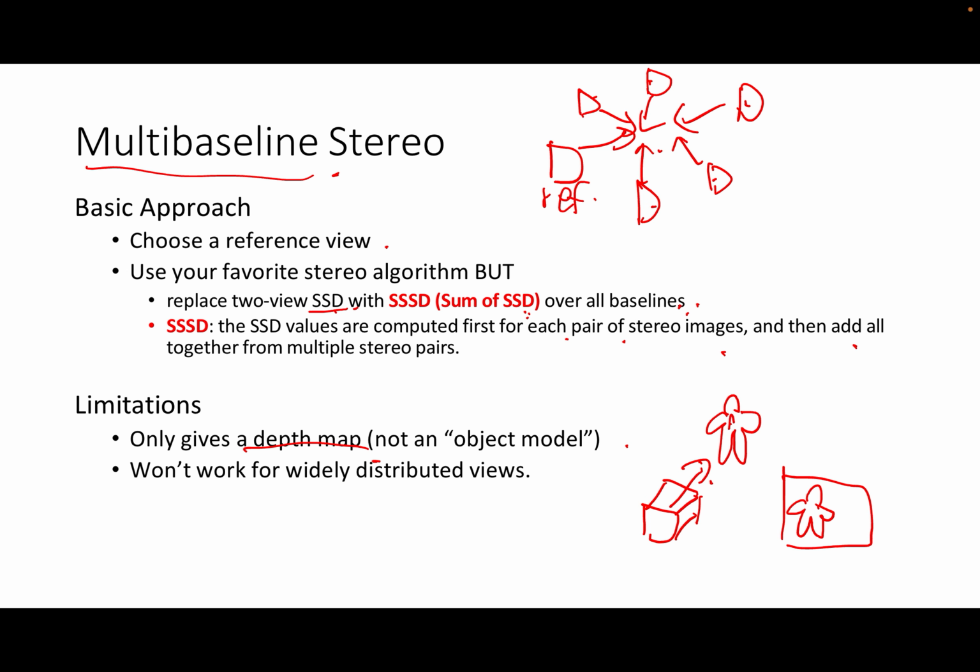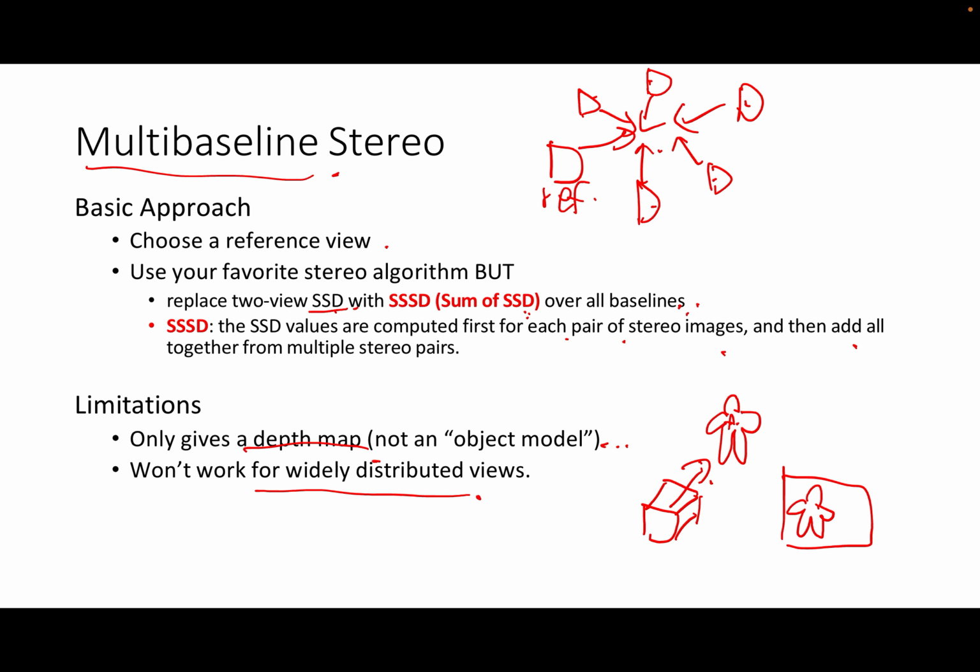Let's say this is the front part. A depth map does not provide the back part of this human, right? So a depth map is not full 3D information, so we need to combine them together later to get a full 3D model. But this basic stereo approach only gives us a depth map, and that is a limitation. And it won't work for widely distributed views. If the views are widely distributed, they have small overlap, so it won't work.